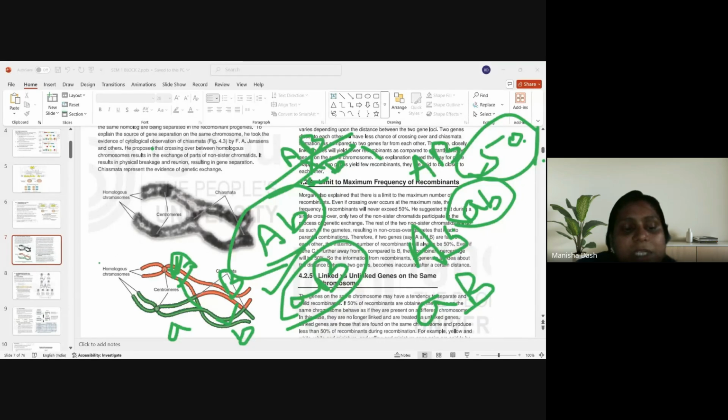If the genes are located 50 map units apart, there is maximum chance that every time they will undergo recombination and the characters will become separated from each other. So you will have all the parental as well as the recombinant characters in equal proportion. So keep in mind what the maximum frequency of recombination could be. This is always 50%.